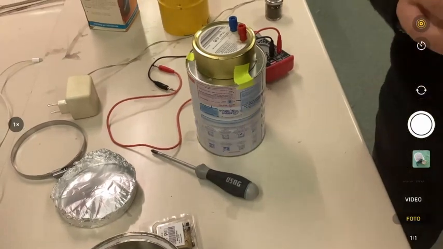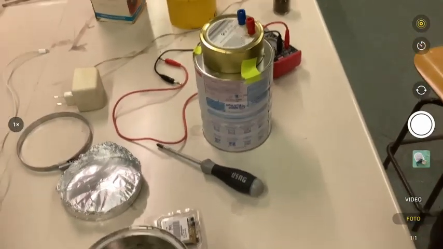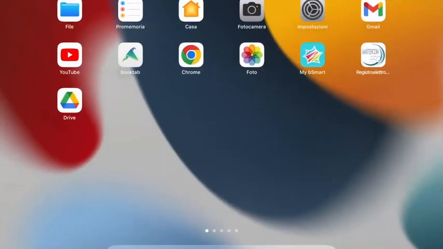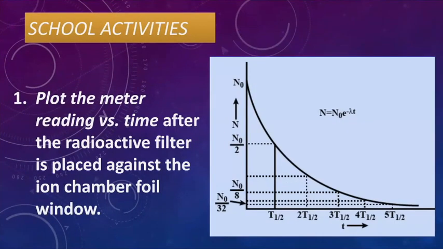And I will show you the last few things about the possible activities. Thank you, Stefano, for helping me during this work. Some ideas about the use of this ionization chamber. First of all, plot the meter reading versus time after the radioactive filter is placed against the ion chamber foil window.